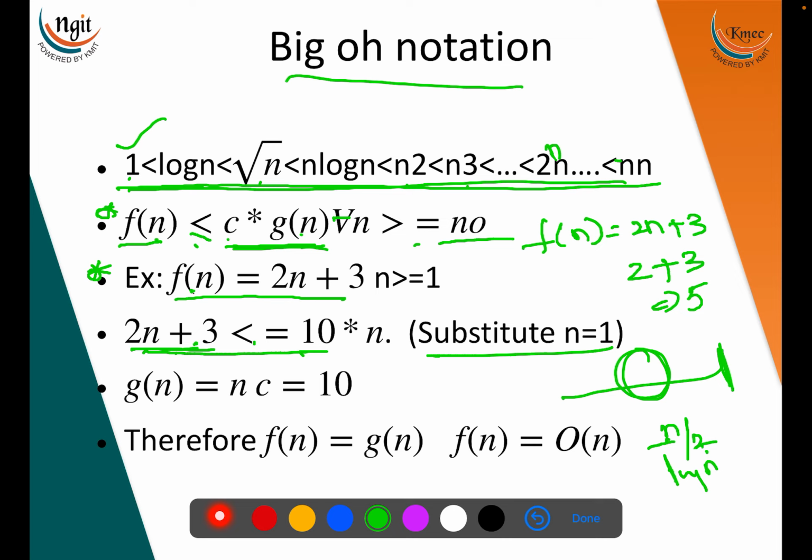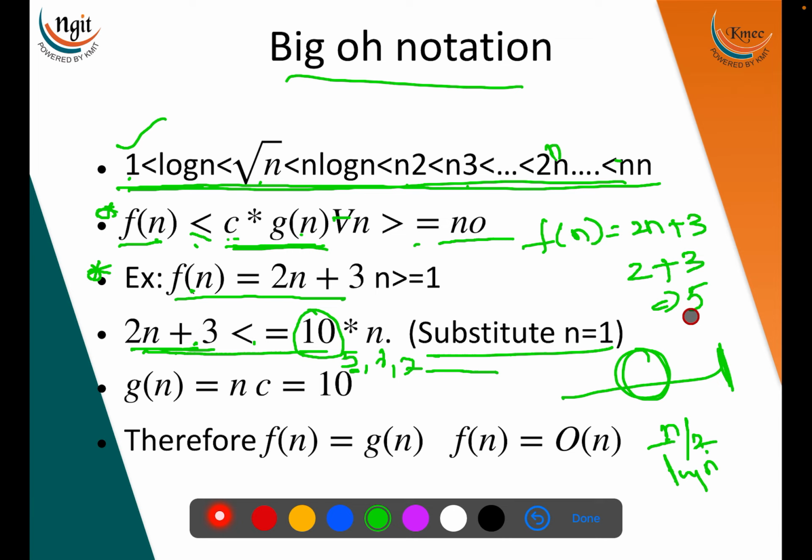Now 5. This 10 may not be 10. It can be 5, 6, 7, any value. Why does the value start with 5? Because to make this condition true, the C value should be equal to 5 or greater. You can take any value over here.